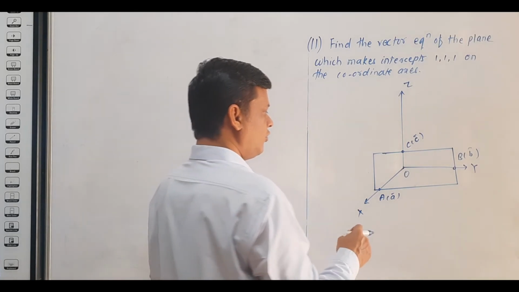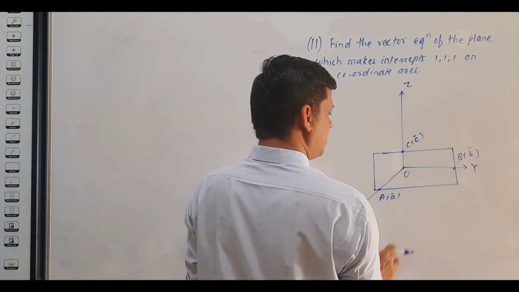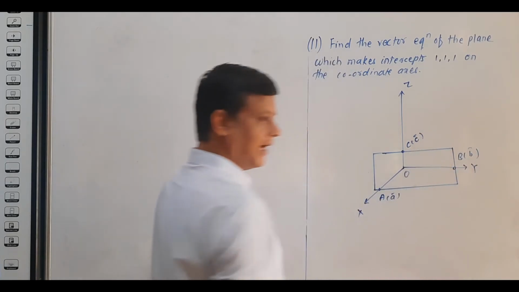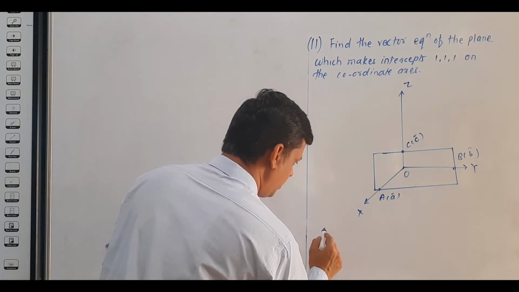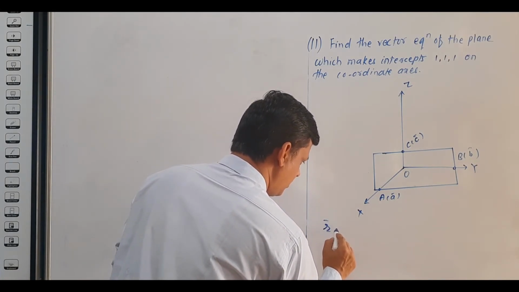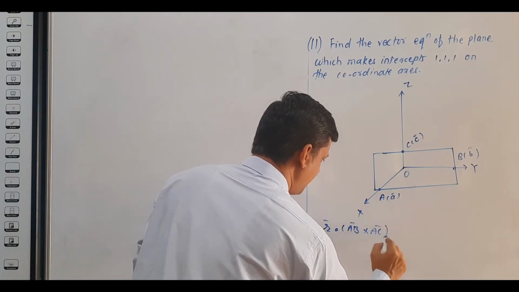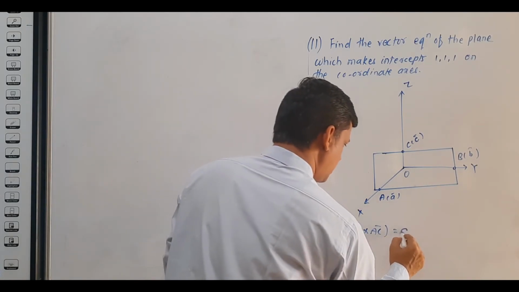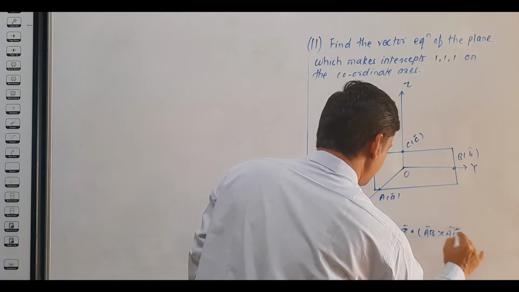If the three non-collinear points are capital A, capital B, capital C with position vectors A bar, B bar, C bar, then the vector equation of the plane passing through three non-collinear points is R bar dot AB bar cross AC bar is equal to A bar dot AB bar cross AC bar.